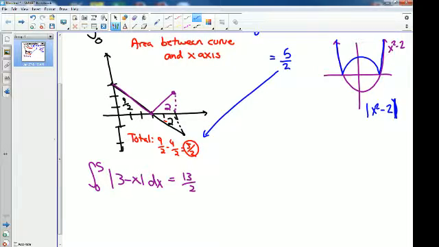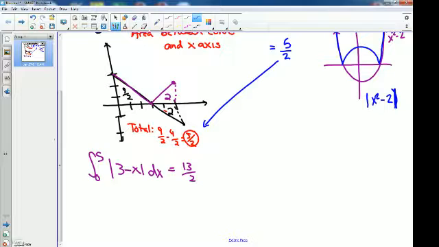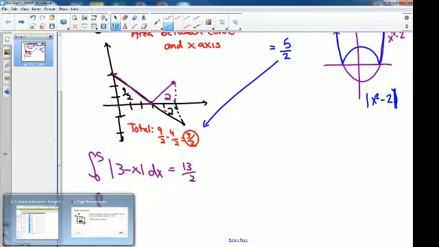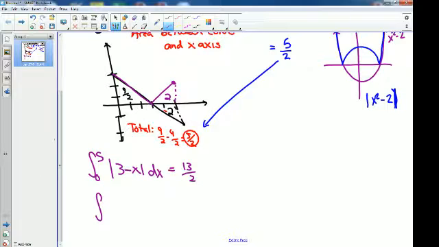Question. How can I calculate this algebraically now? Any ideas? Do you know how to calculate an absolute value in an integral? We have to actually split it into two problems. 3 is the dividing line, right? That's where it turns.